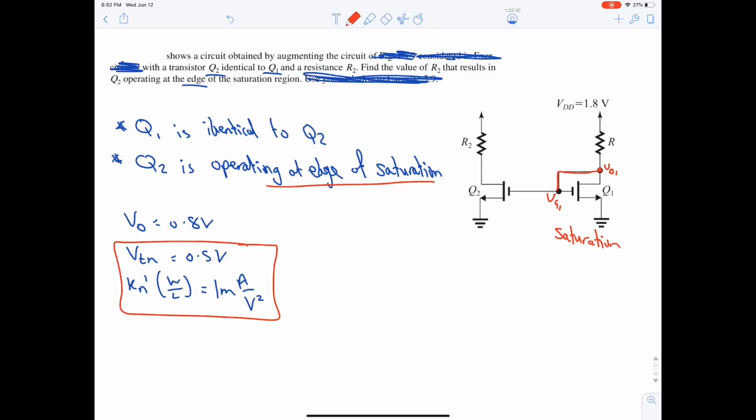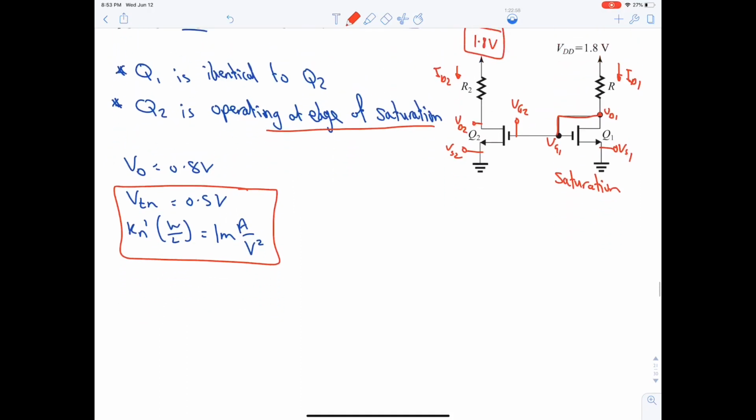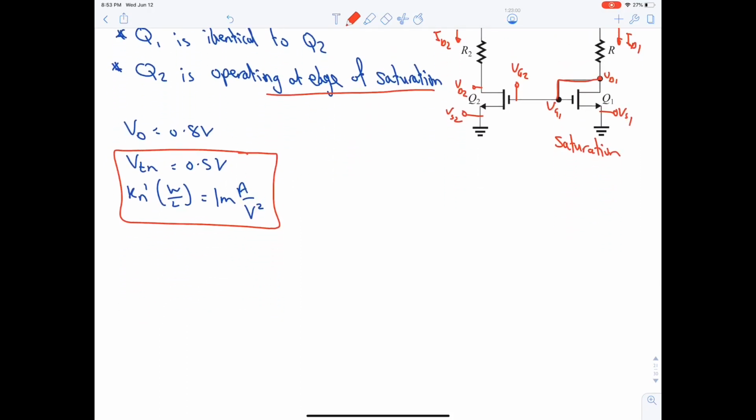Okay? This is VD2, this is VS2, this is VG2, VG1, VD1, and VS1. This is ID1, and this is ID2. This is 1.8 also. So, we need to find R and R2. Let's start with Q1.